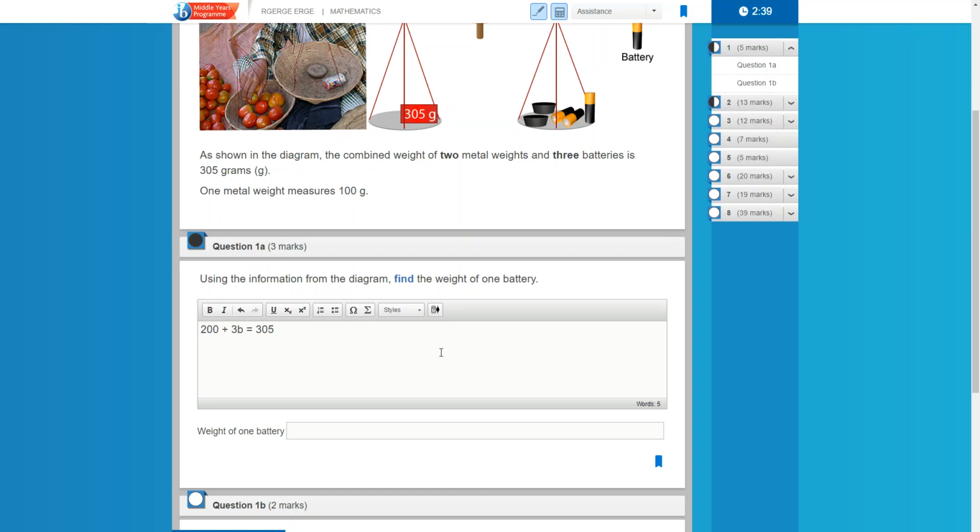It's a question of just solving this equation. 3b is equal to 105, b is equal to 105 divided by 3, which is 35. One battery is 35.